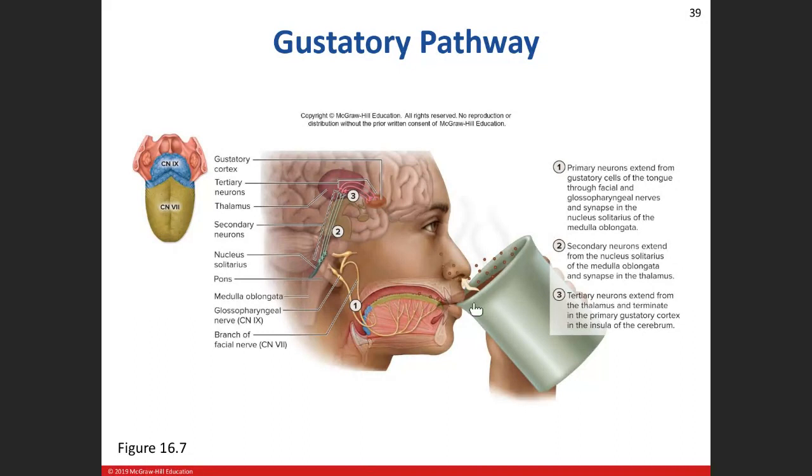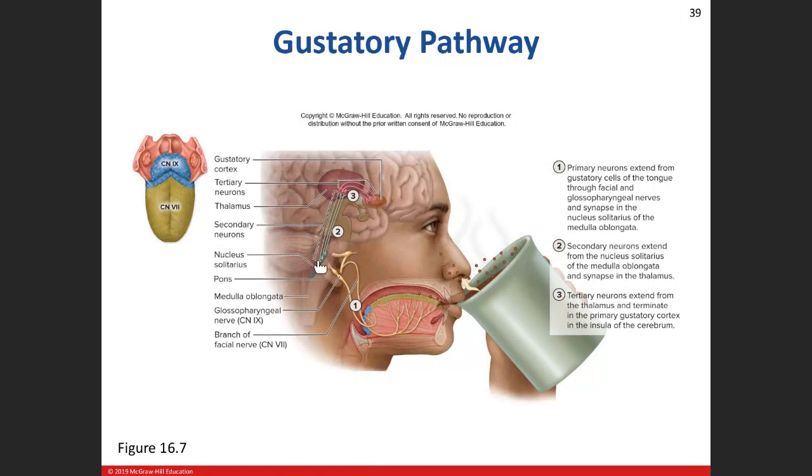So here's our fella drinking coffee, hot cocoa, stimulating the primary neurons in both the facial and glossopharyngeal nerves. That's going to send that sensory information up to the medulla oblongata, into the nucleus solitarius.